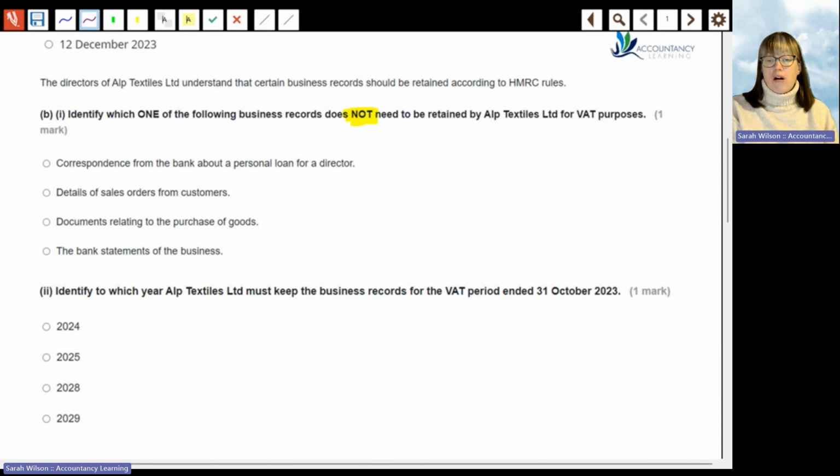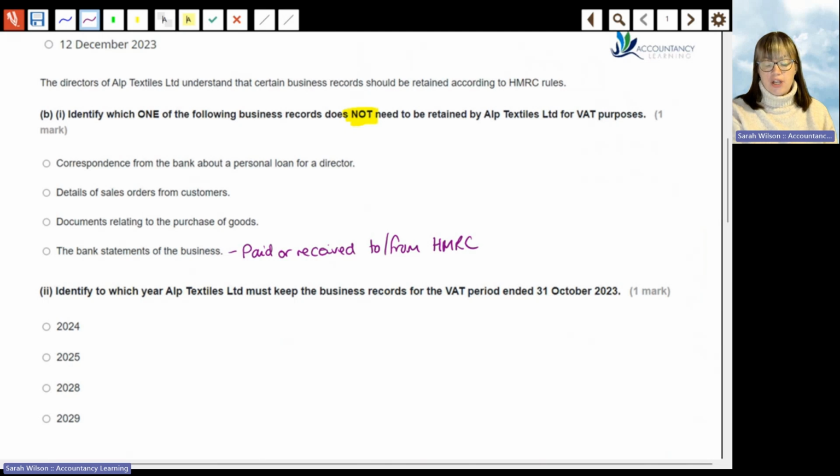The bank statements we are going to need for VAT purposes, because this will show what has been paid or received from HMRC.